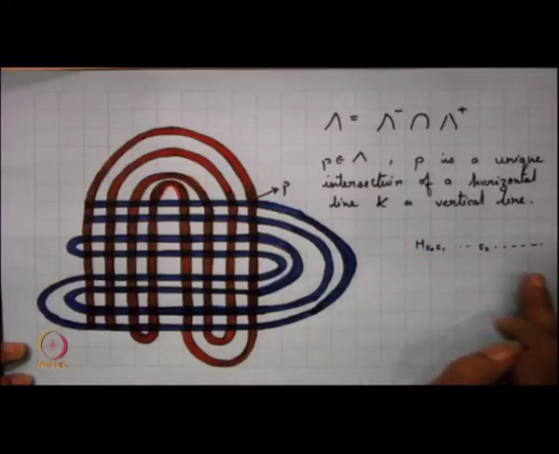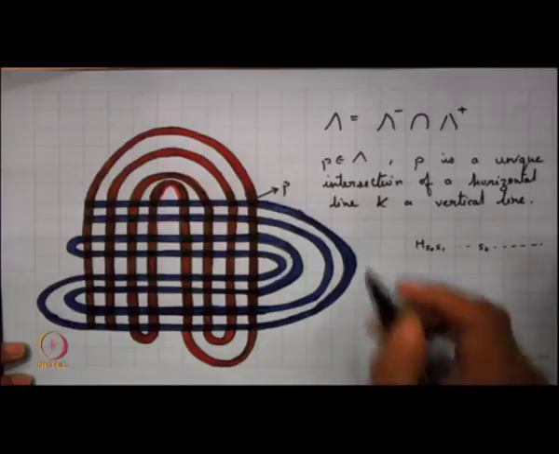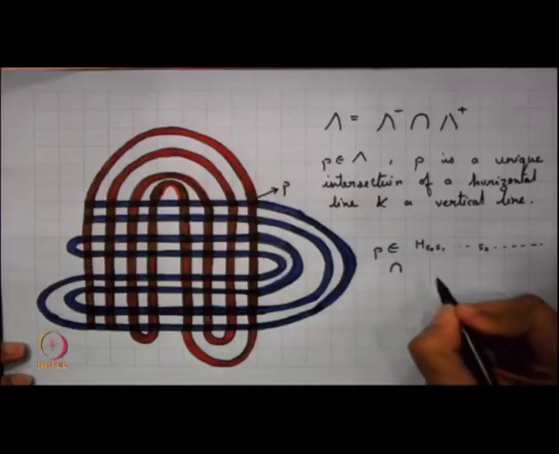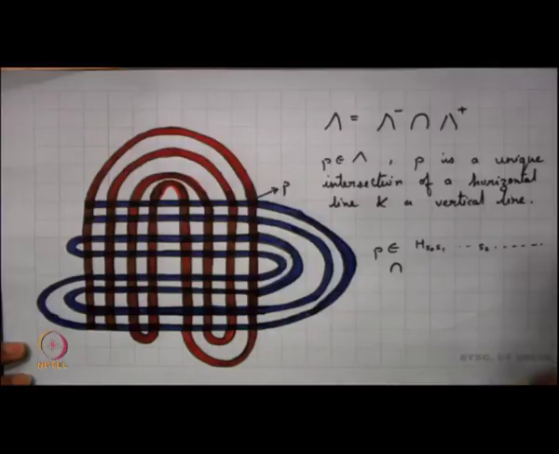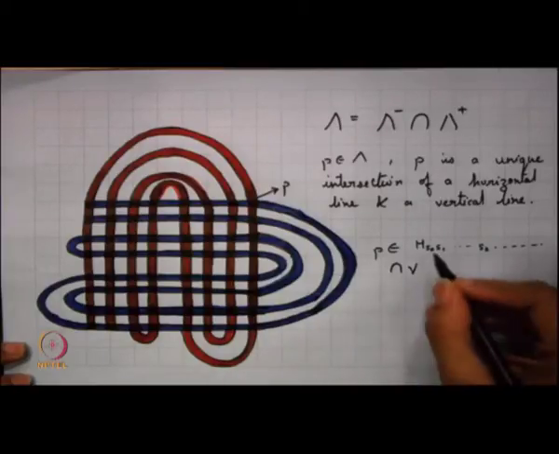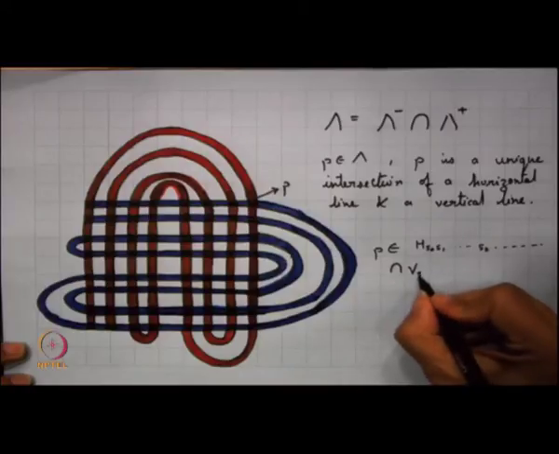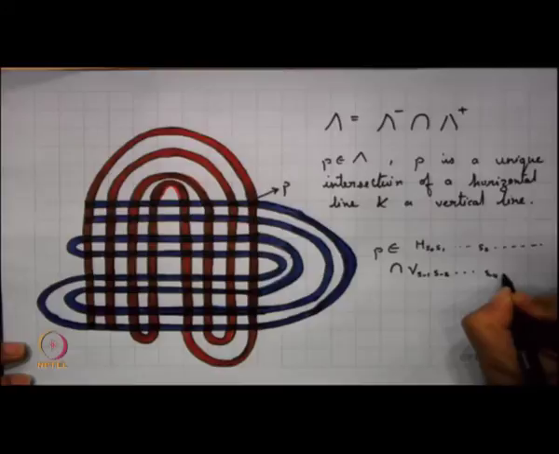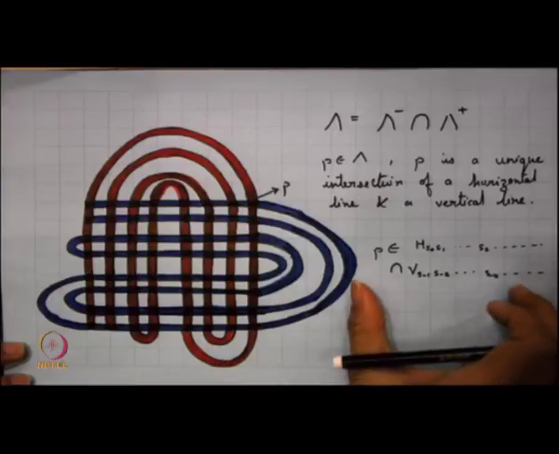My P happens to be the intersection of this horizontal line with a unique vertical line. My vertical line I am labeling again by a sequence of zeros and ones. For a unique sequence of zeros and ones you have a unique line. So, supposing this was V, s minus 1, s minus 2, s minus k and onwards. So, this was a unique sequence over here.